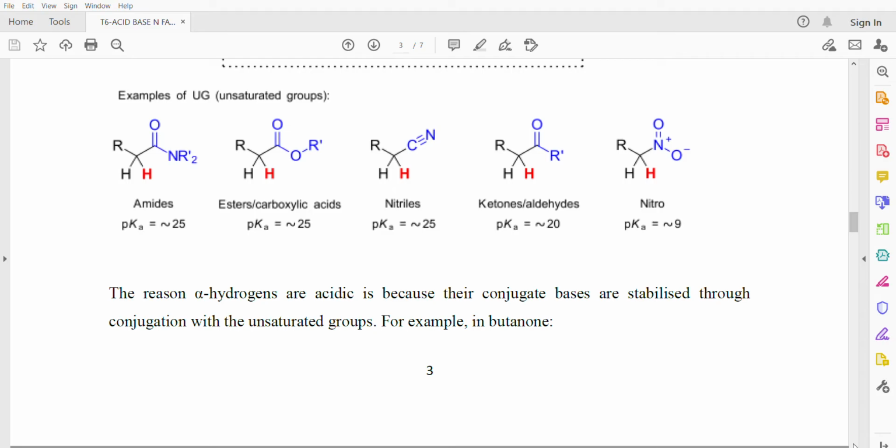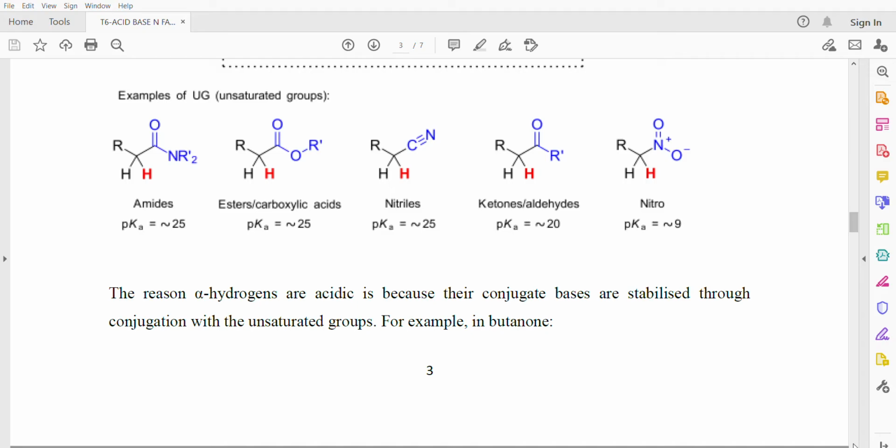As you go towards the nitro group, you see that acidity is enhanced, whereas amide, ester, carboxylic, nitrile and carbonyl groups have almost the same pKa, not a very drastic change. The reason is that the alpha hydrogens are acidic because the conjugate base is stabilized due to conjugation with the unsaturated group.